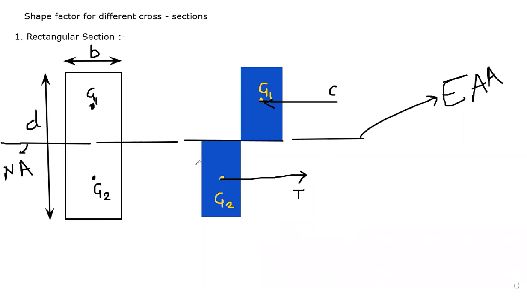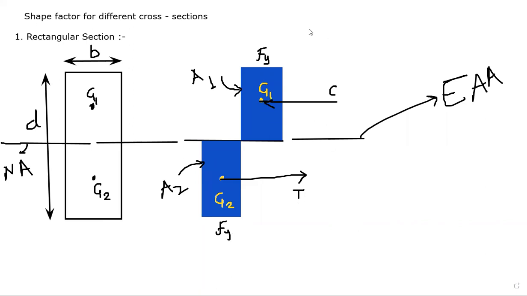Then area of the section which is below the equal area axis is A2. Area of the section which is above the equal axis is your A1. Then stress in each fiber is your Fy.